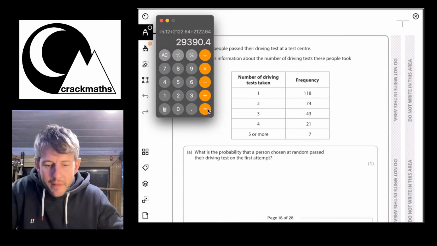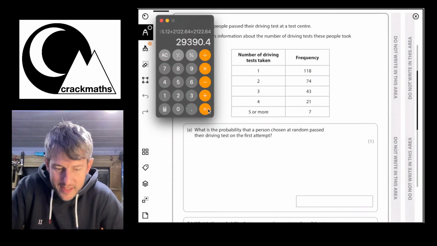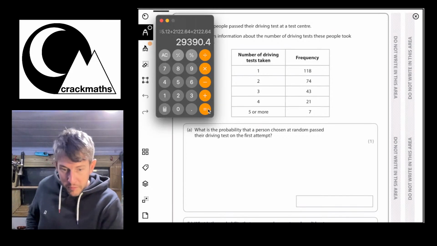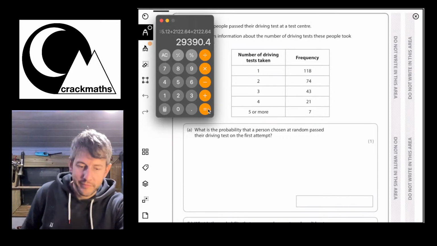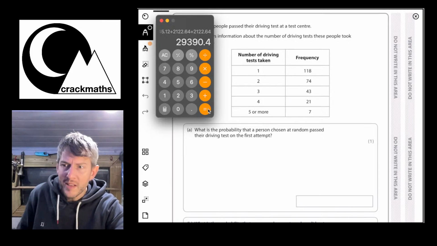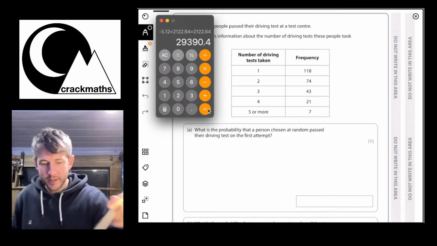So here we go. Last week, 263 people passed their driving test at a centre. The table shows information about the number of people that took the driving tests before passing. What is the probability that a person chosen at random passed their driving test on their first attempt?